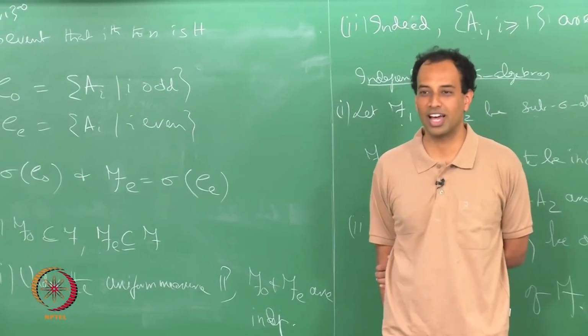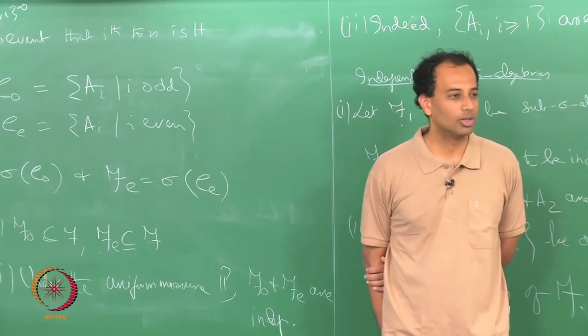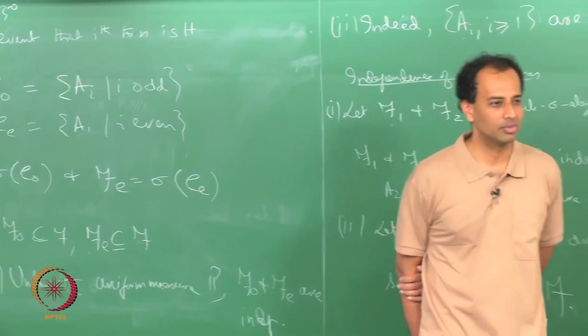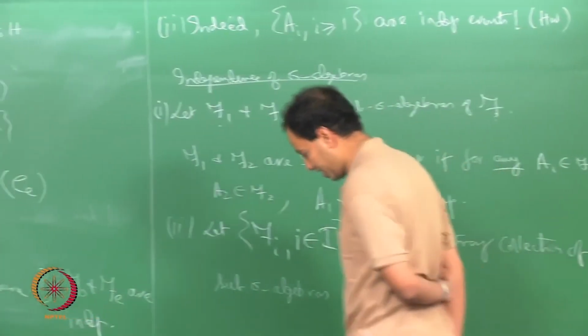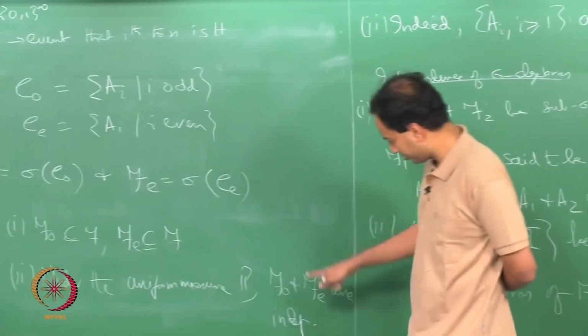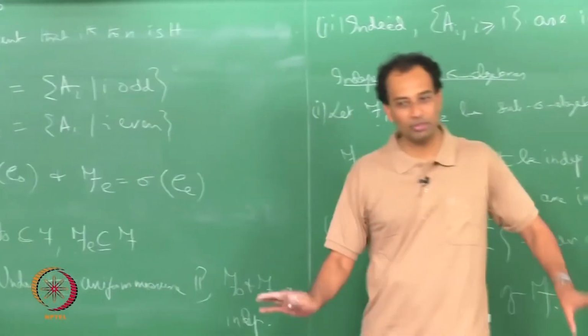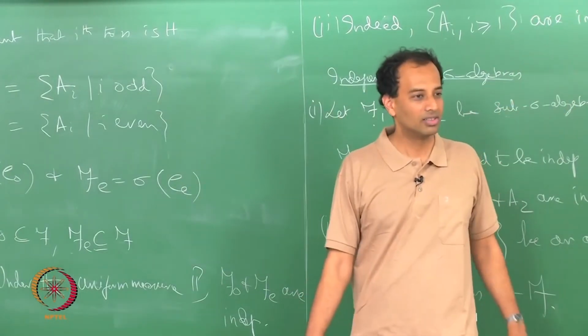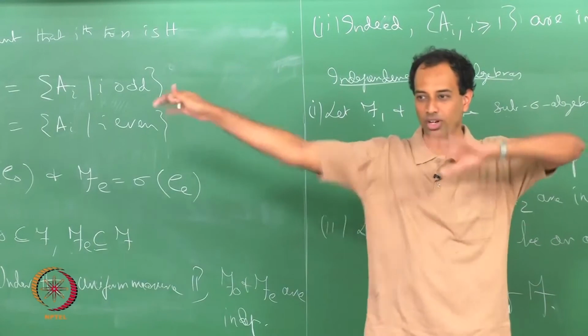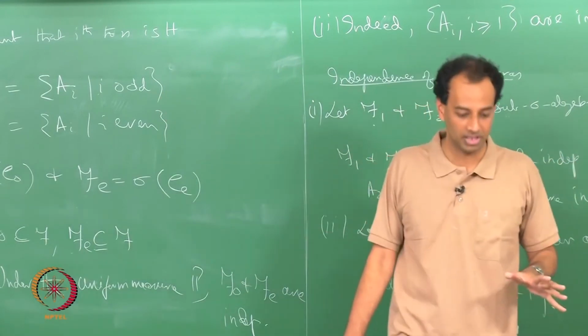They have all sorts of countable unions in them. If you take the Borel sigma algebra, it consists of several complicated sets. So, if you have to verify the independence of two sigma algebras, you have to pull out all sorts of complex sets from here and show that the measure products out on all these complex sets in the sigma algebra.